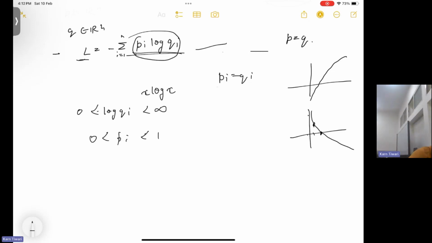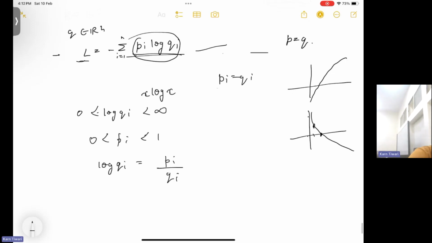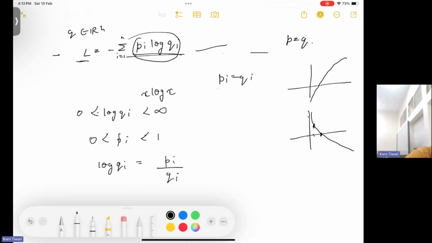With respect to Pi, it's log Qi, and with respect to Qi, it's just equal to Pi by Qi. So this is the term we are going to get from the whole differentiation.